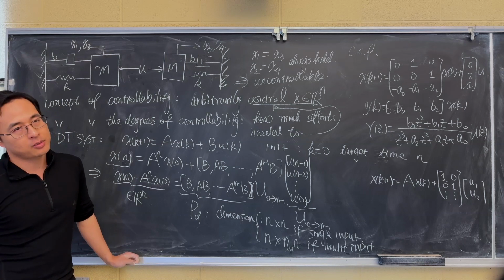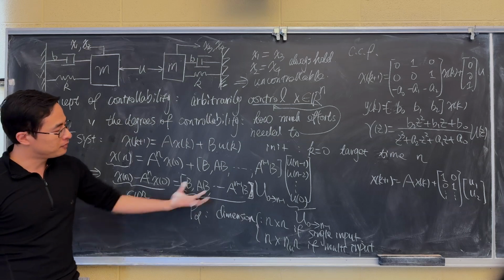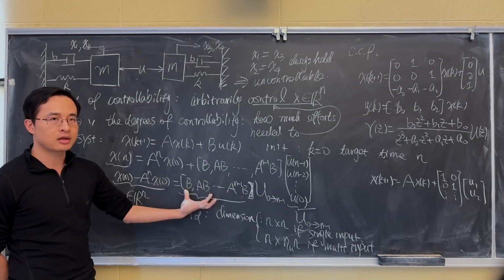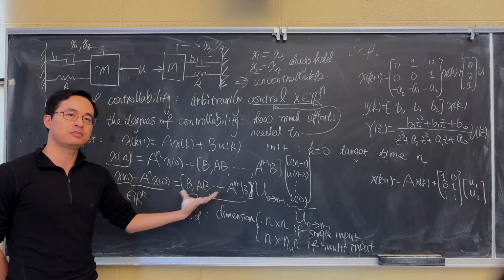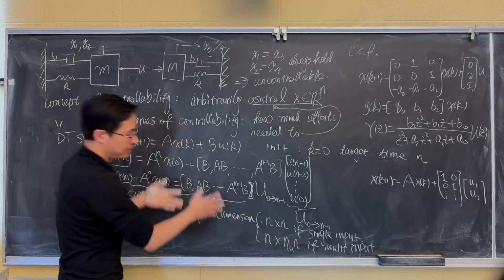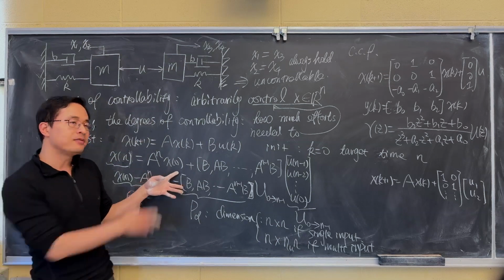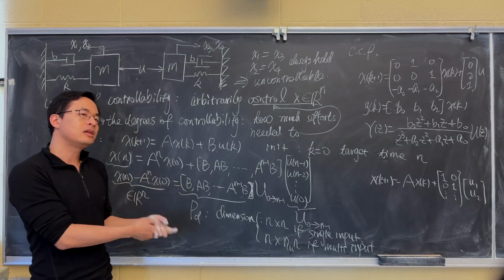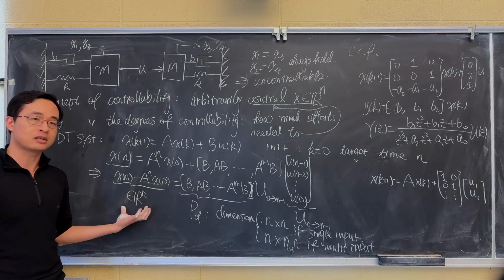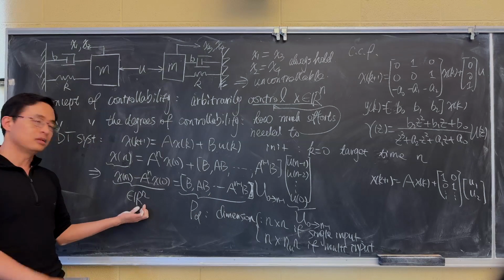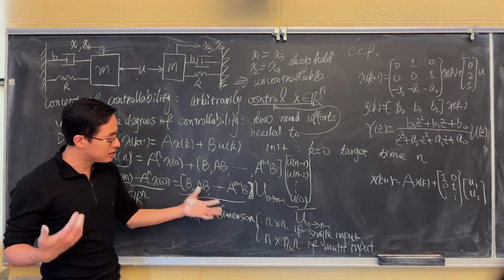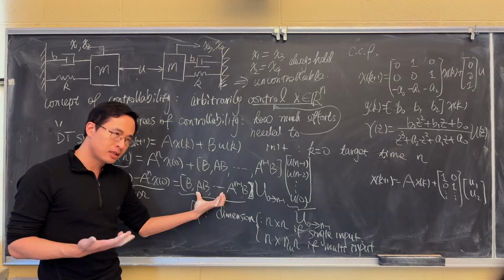This equation will have a solution if I can find n linearly independent columns from this wide matrix, since you have more columns than rows. If I can find n linearly independent columns, I can still construct any vector on the left-hand side. So the criterion is n linearly independent columns.